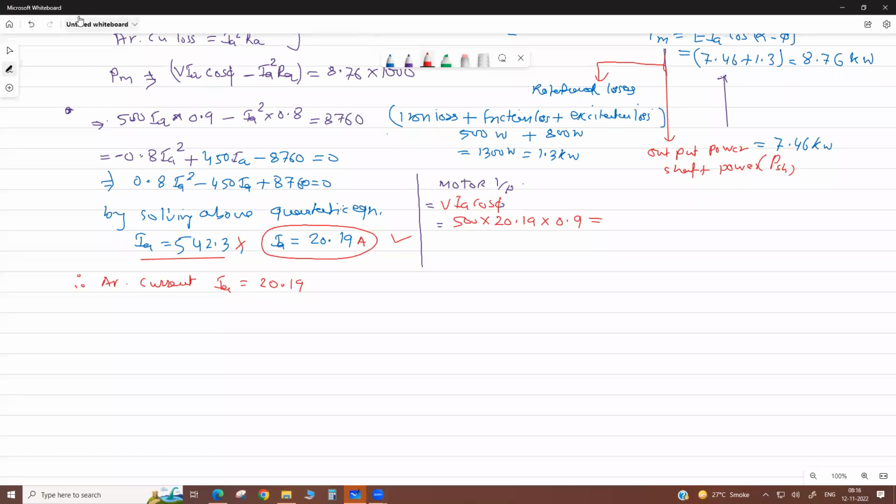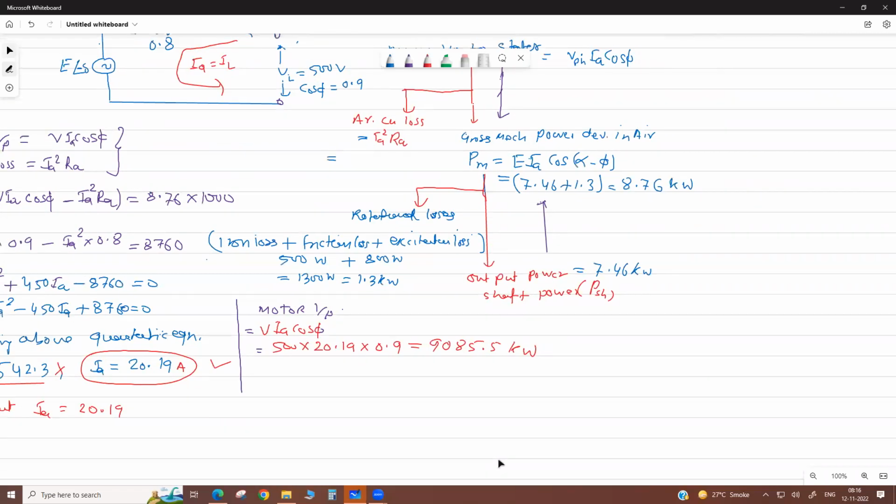It comes 9085.5 watt, that is 9.0855 kilowatt.